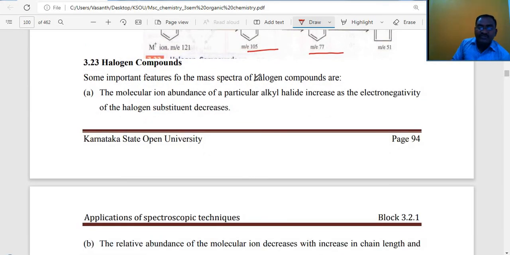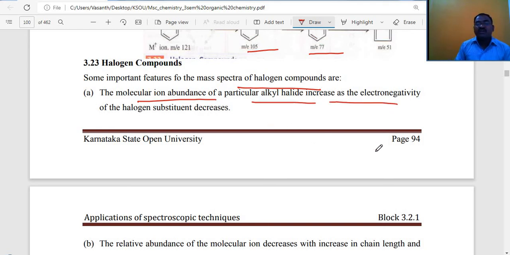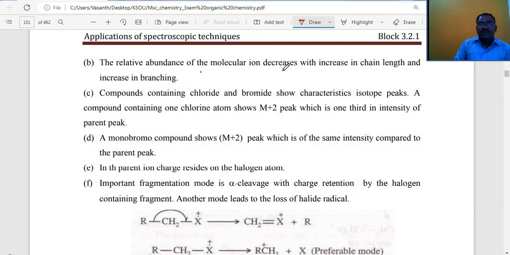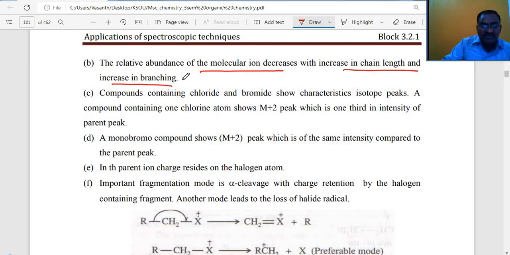Some important features of mass spectra of alkyl halide compounds are mentioned here. The molecular ion abundance of a particular alkyl halide increases as the electronegativity of the halogen substituent decreases. The relative abundance of the molecular ion decreases with increase in chain length and increase in branching.